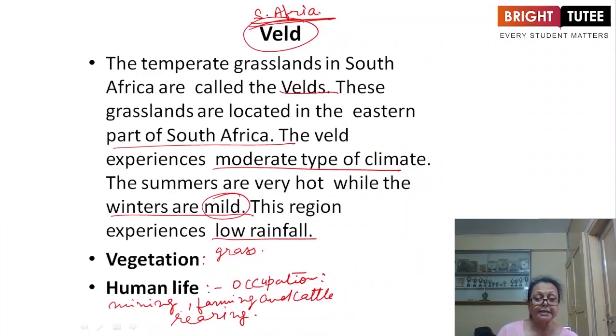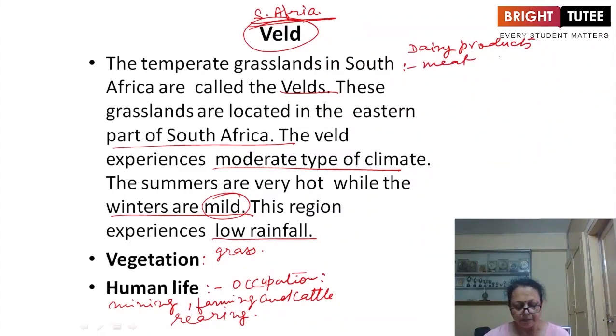As they are rearing cattle, dairy products like meat and leather are obtained from cattle, while sheep are reared for wool.